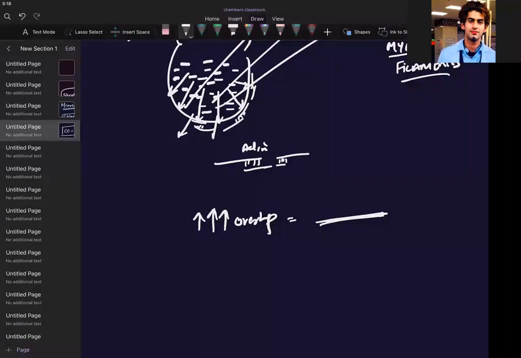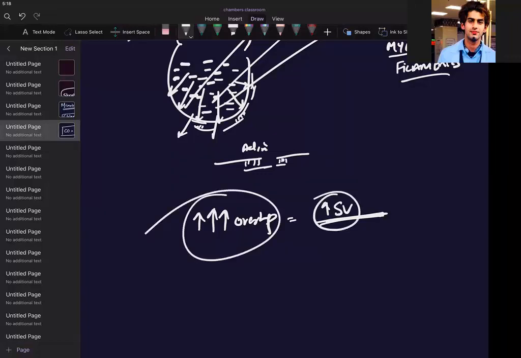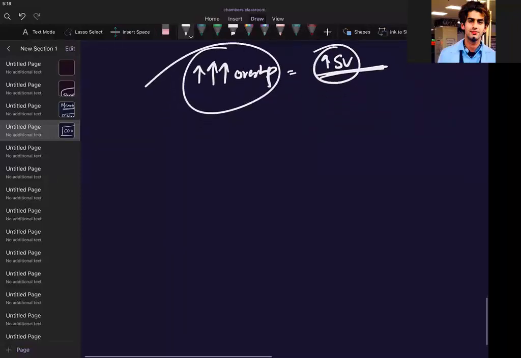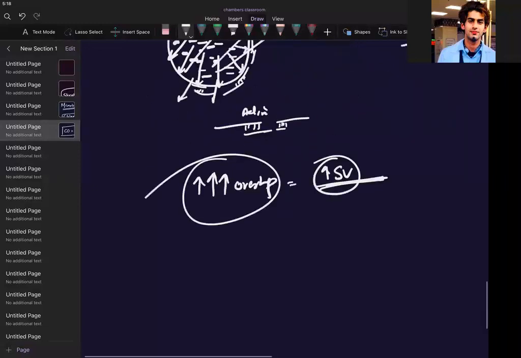Force is equal to contractility. Exactly. We will be increasing the stroke volume. This is the concept we have to remember: you increase the overlap, you will produce more stroke volume. Are we clear, guys? Because it's an important concept, more conceptual.